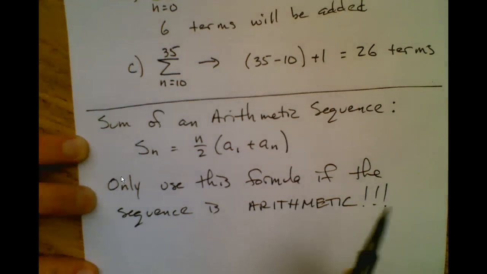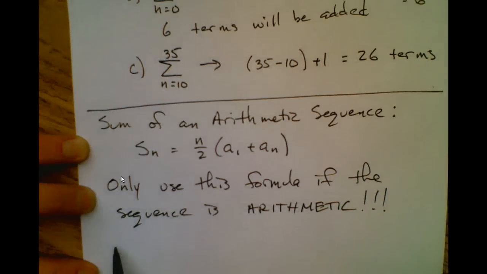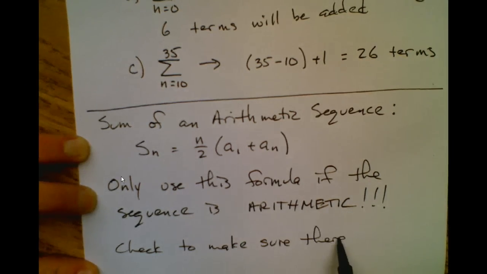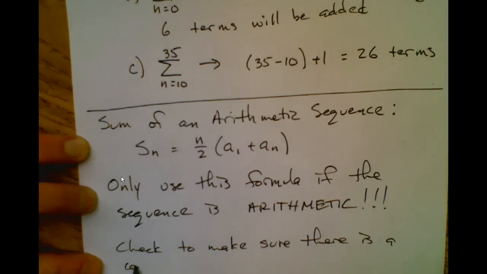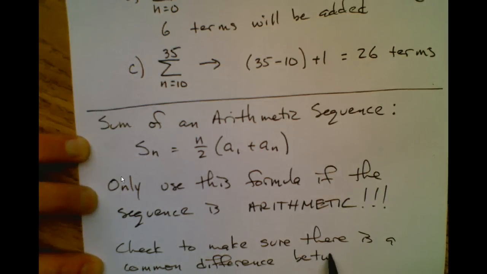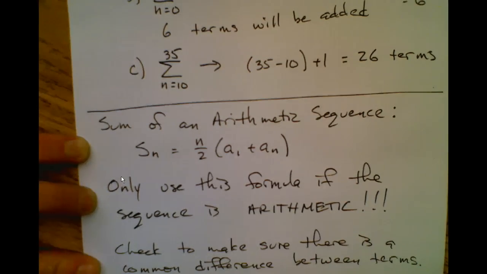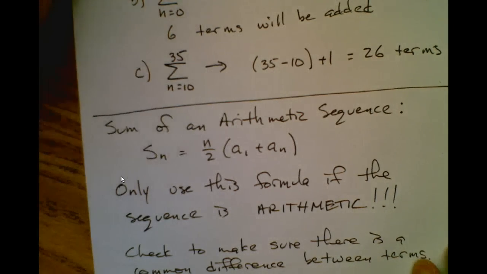Well, just check a few terms in the sequence. So check to make sure there is a common difference between terms. Okay, so figure out the first few terms, make sure that you're either adding the same thing each time to get to the next term or subtracting the same thing to get to the next term. Alright, so let's take a look at a few examples.